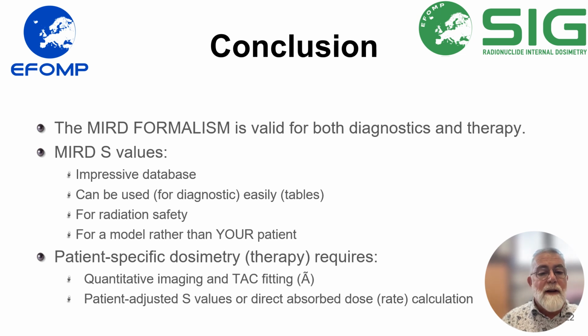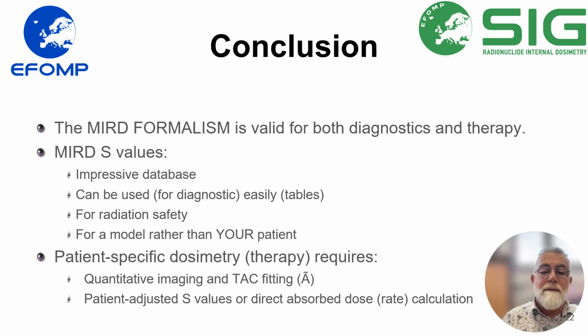The MIRD S values are an impressive database that can be used for diagnostic, mostly, as tables. And these are used to derive the dose estimate report that I have not discussed in this lecture, but you may see in the literature. It's mostly for radiation safety. It's for a model rather than your patient.